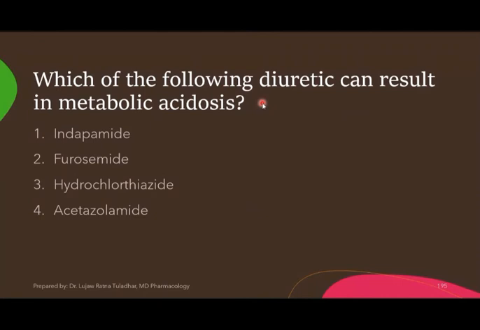Which of the following diuretics can result in metabolic acidosis? Sir, furosemide. No, actually it is acetazolamide. But if acetazolamide is not in the options, you might have guessed it right, because furosemide also has a minor amount of carbonic anhydrase activity.